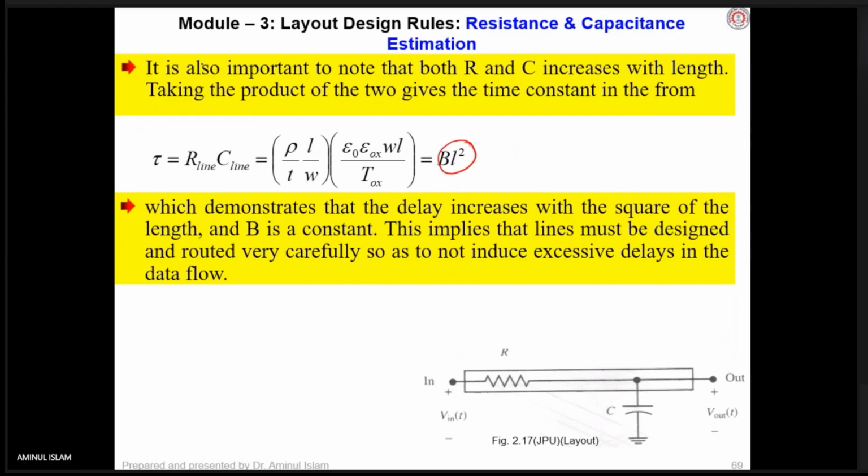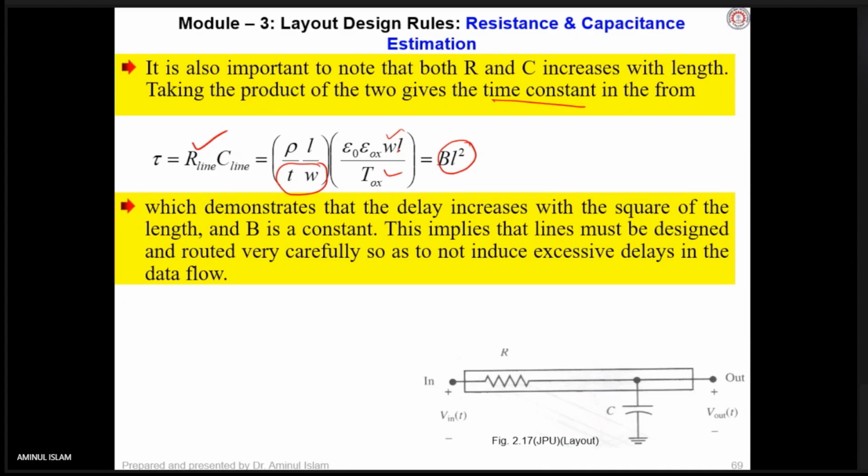It is also important to note that both R and C increase with length. Taking the product of the two gives the time constant. R is given as rho L by TW, where TW is the area, and C is epsilon 0 epsilon OX WL by T oxide, the oxide thickness. W is the width, L is the length.